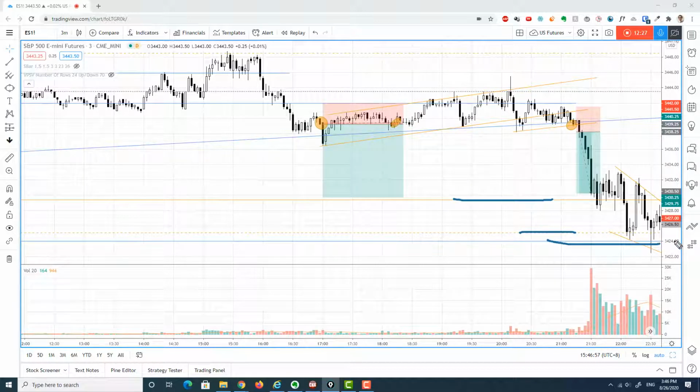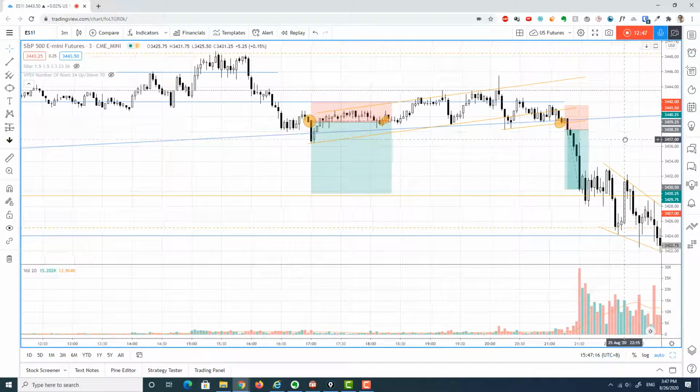So this is the 3420 to 3430. So it is pretty much close to the supporting area, which I actually anticipated a bounce or support from the area around 3420 to 3430. So I just lock in my trade, lock in my profit here.